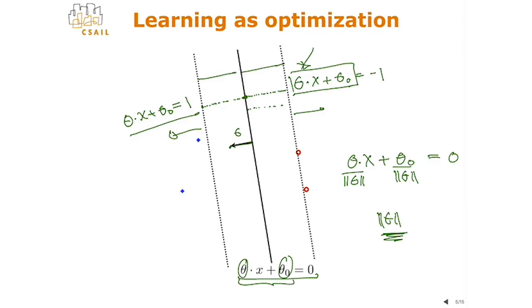So the larger the magnitude of theta is, the faster that linear function then reaches the value -1 here.